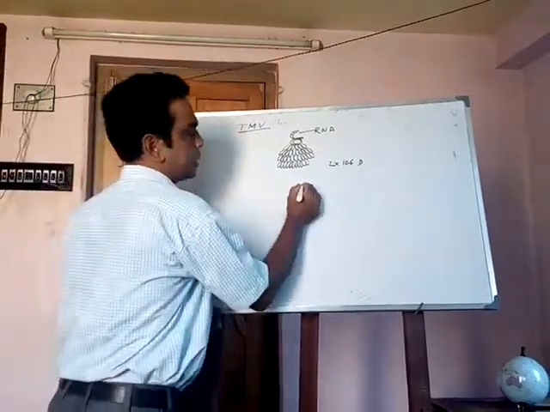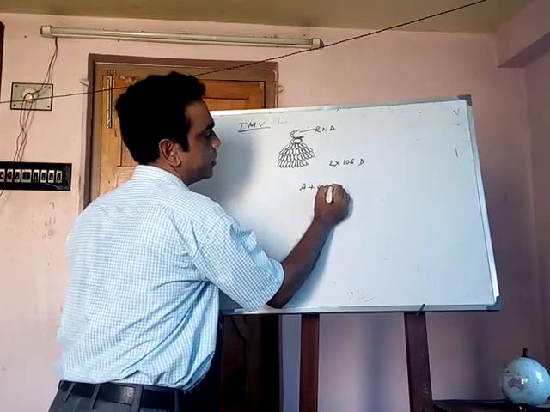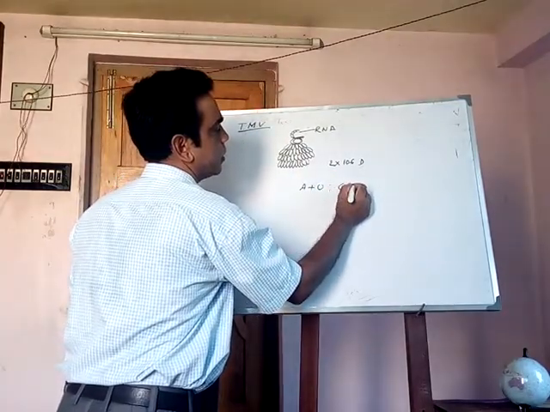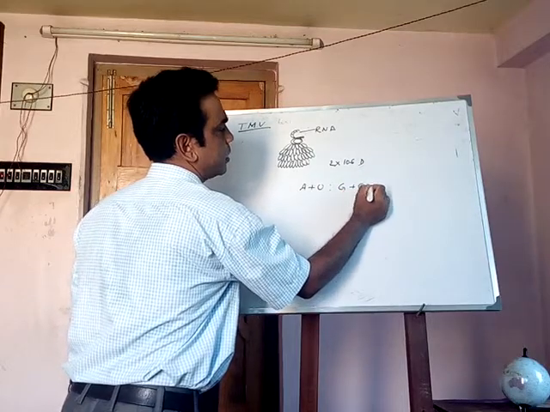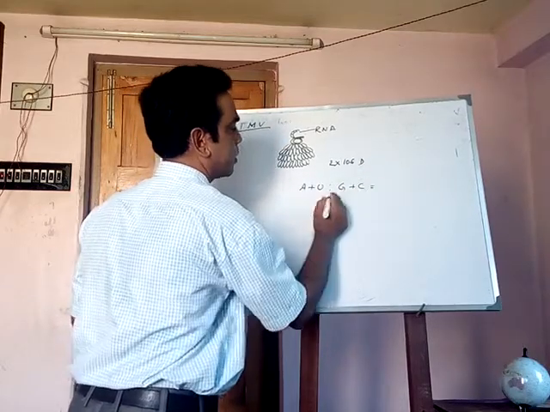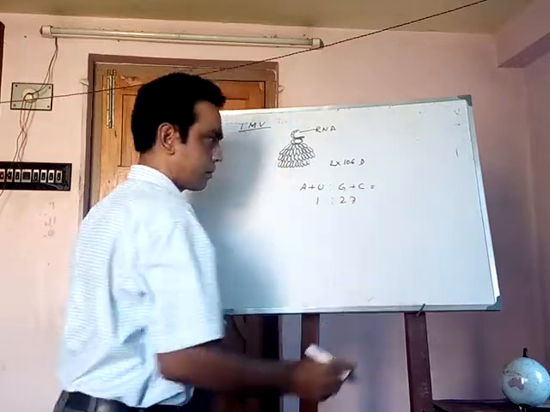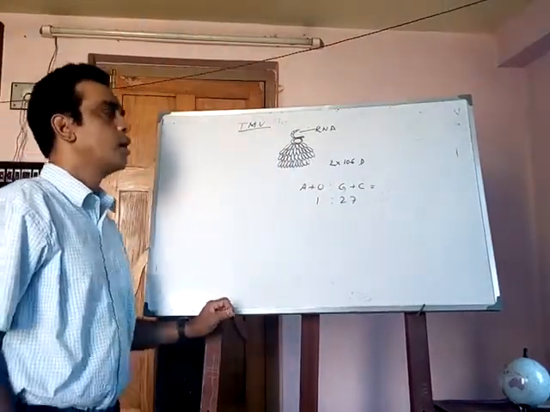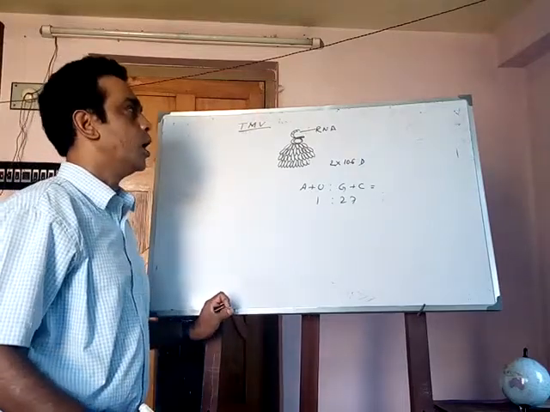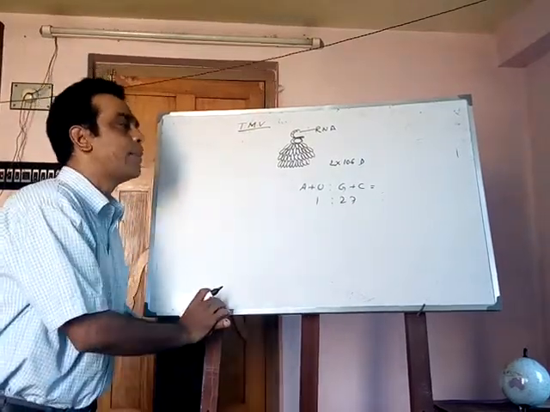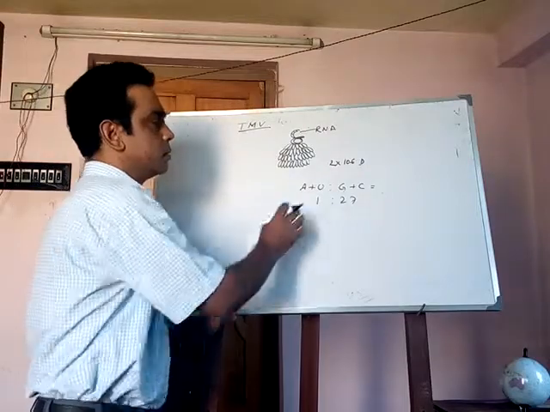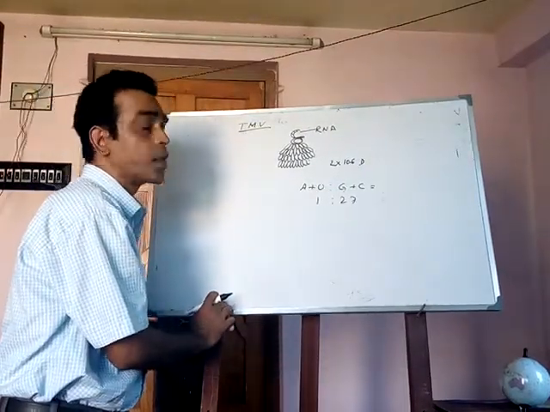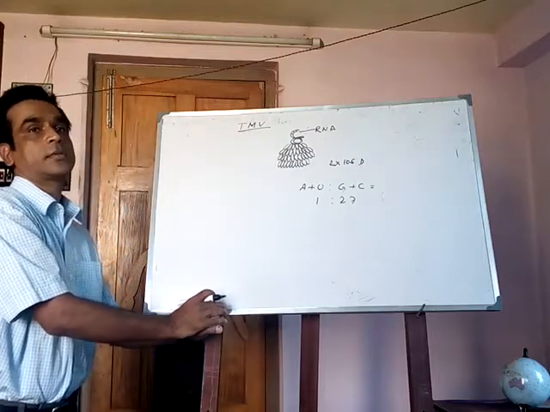The ratio of adenine plus uracil to guanine plus cytosine is 1 to 27, that is, the purine and pyrimidine bases combined in the RNA are in a ratio of 1 to 27.